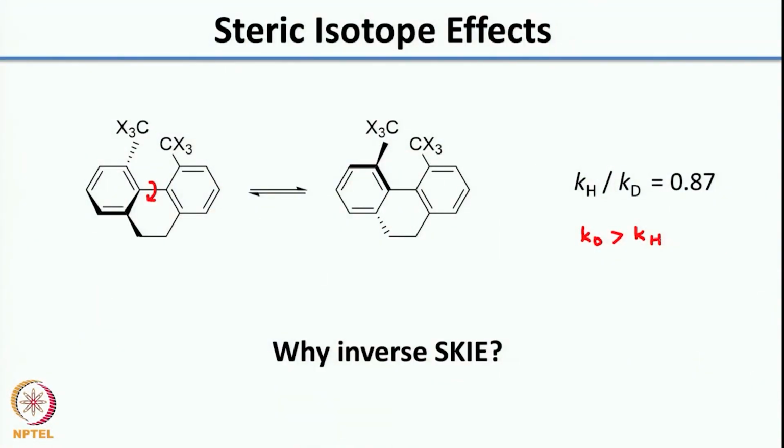So, now if you look at this example, in this case you have on each aromatic ring, I am just writing this out so that it is clearer for you.